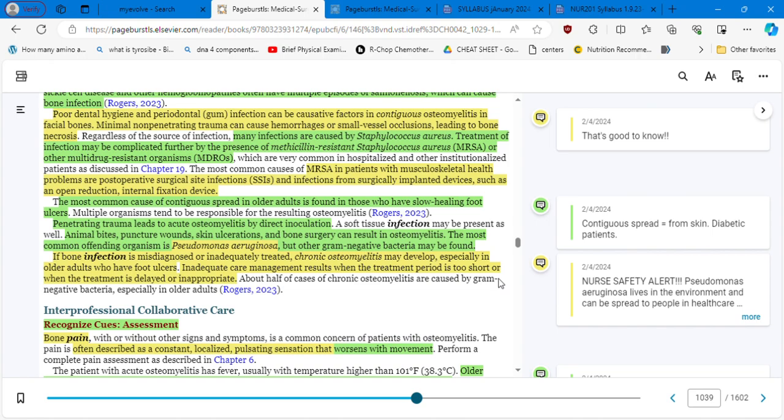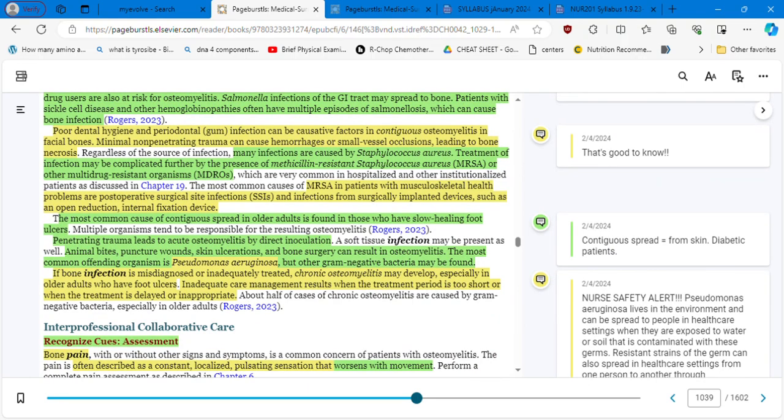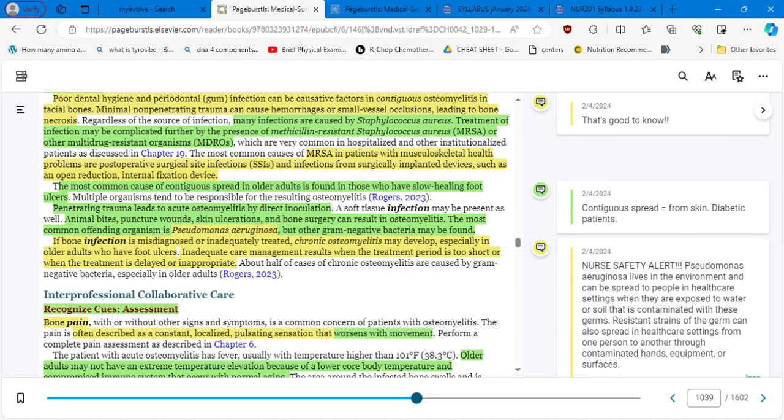Dr. Matalana, what is Pseudomonas aeruginosa? But where can I find Pseudomonas aeruginosa, right? So we want to know exactly where can this be found. And this is a nurse safety alert.